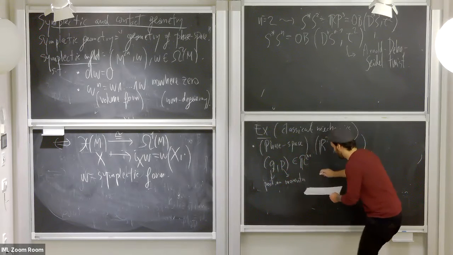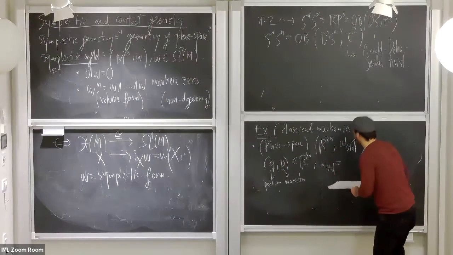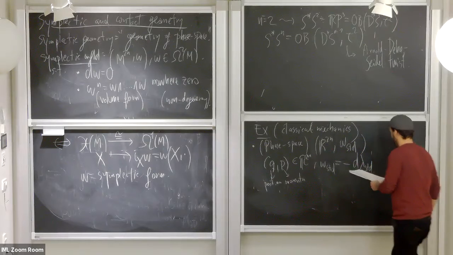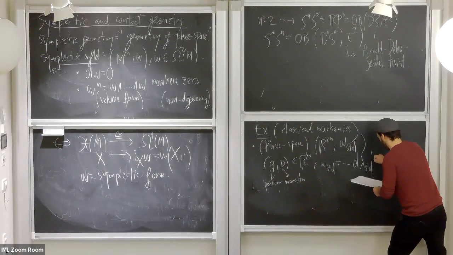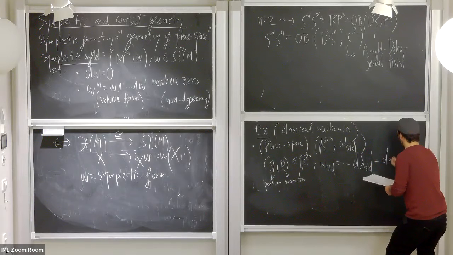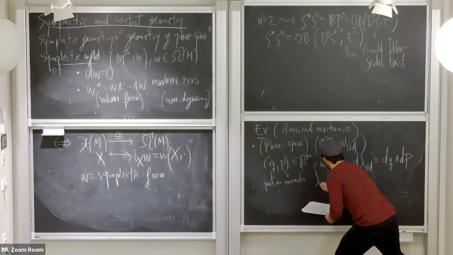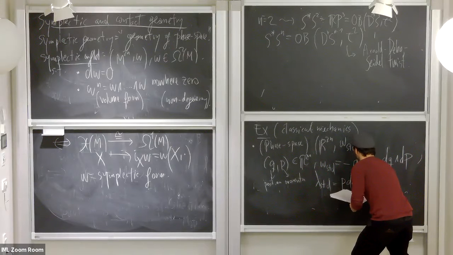And the standard symplectic form is just defined by, and here I'll make a sign convention which is not what everyone does, minus the derivative of lambda standard. So this is dq wedge dp, and here lambda standard is defined by p dq.